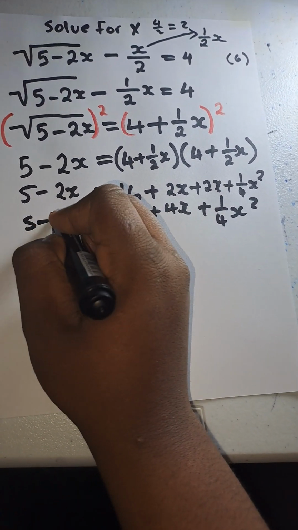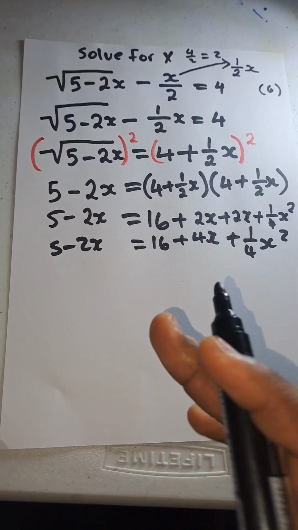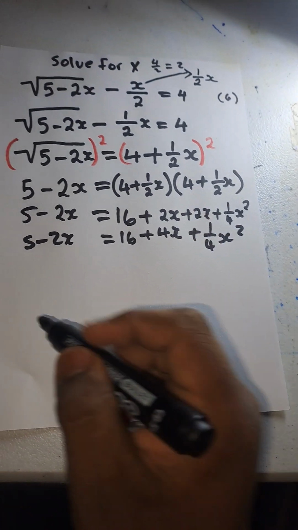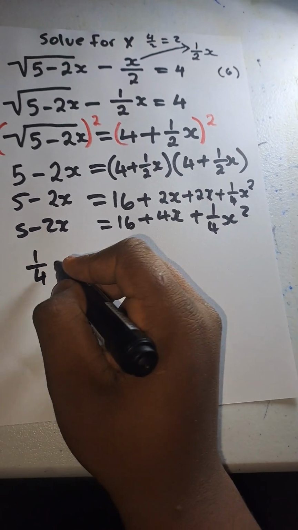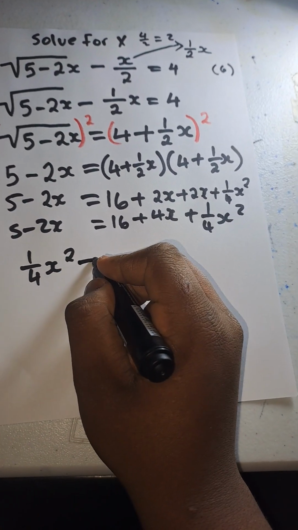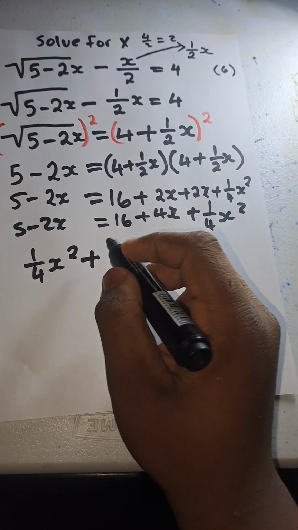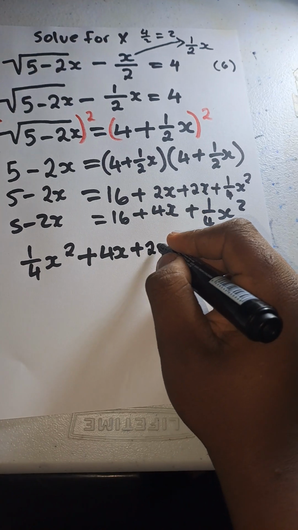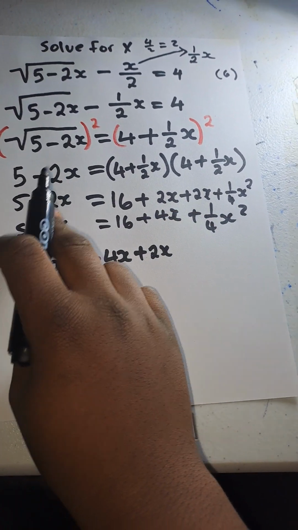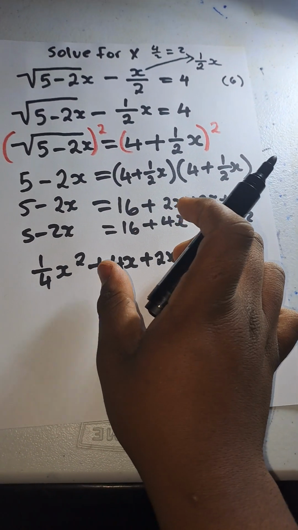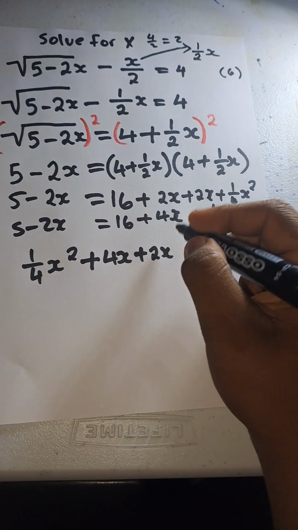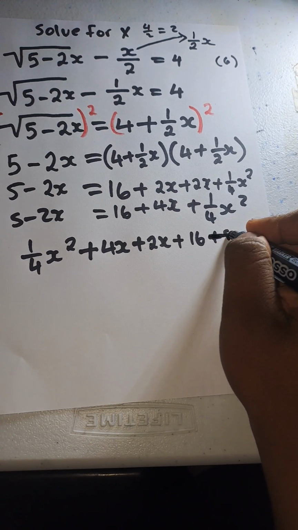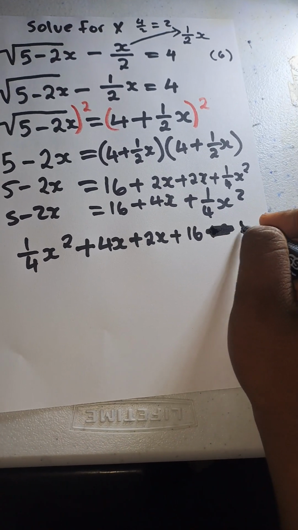This side I have 5 minus 2x, right? Since x squared is positive, let everything come to this side. So I'll have 1 over 4 x squared plus 4x plus 2x, because this 2x will come to that side, and I combine it with 4x since they are like terms, plus 16 minus 5.